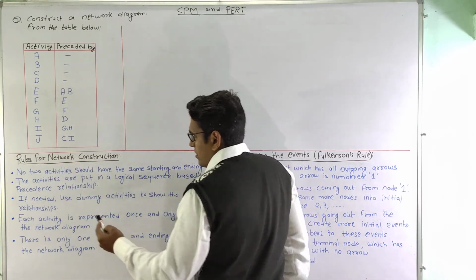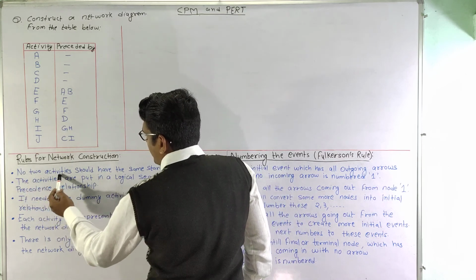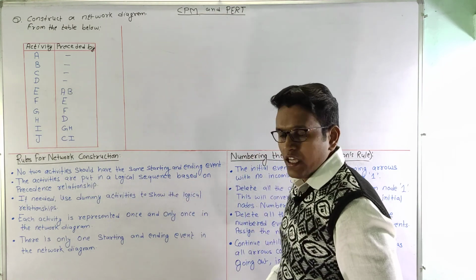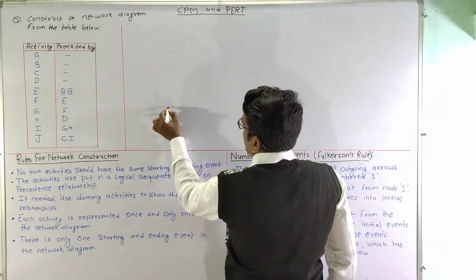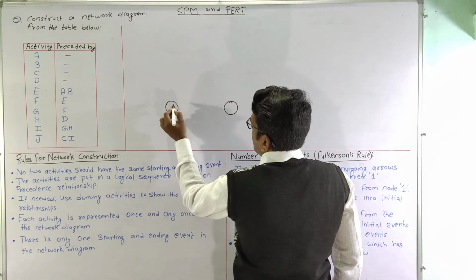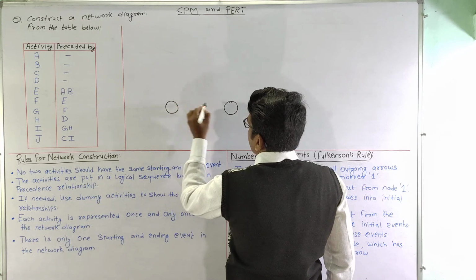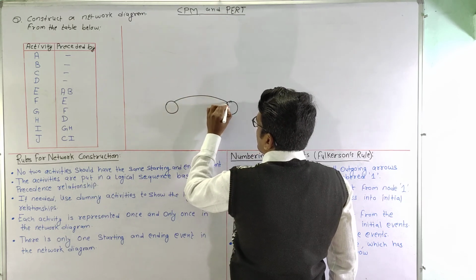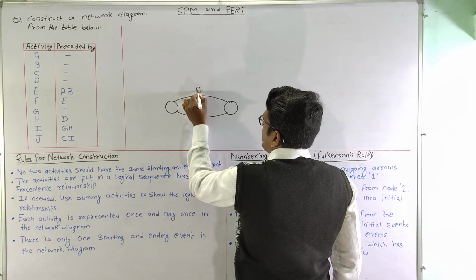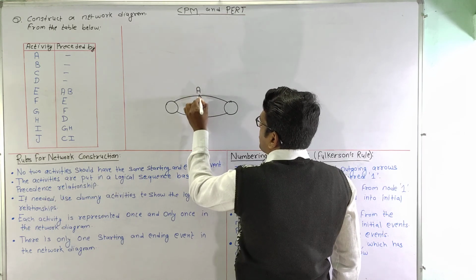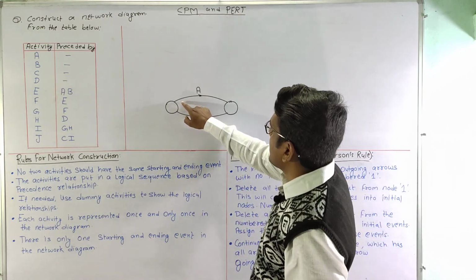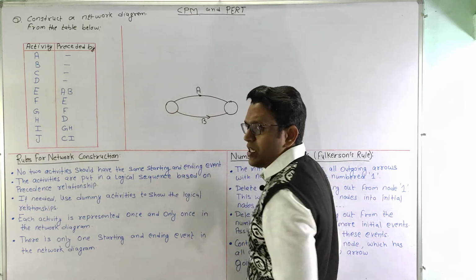The first rule is that no two activities should have the same starting and ending event. Suppose this is the starting event and this is the finishing event; no two activities can have the same starting and ending events. Let us suppose this is activity A and this is activity B. These two activities cannot have the same starting and ending event.